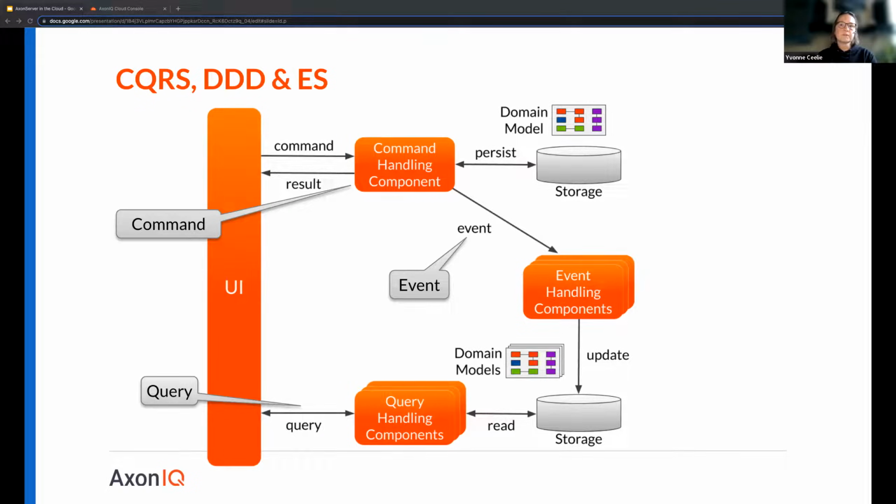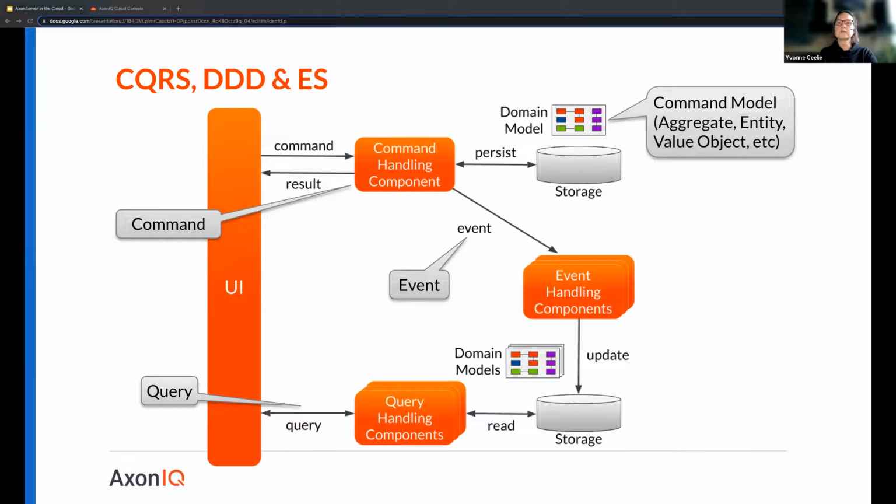In case the event handling component updates a projection, it can be a projection that is used by the query handling components, and that is read by the query handling components to answer a query that is done by the UI again, and that makes the whole circle round.